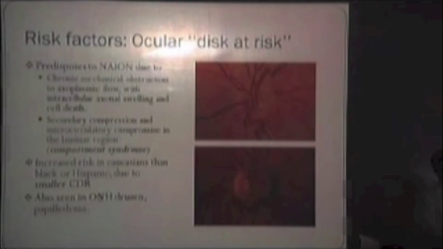Ischemic optic neuropathy has also been seen to be increased in optic nerve head drusen and is the most dreaded complication of papilledema. That is the common cause of acute loss of vision in papilledema. And this is the one that usually tips me over to surgical management in these patients. Other risk factors include raised intraocular pressure that I had talked about earlier.